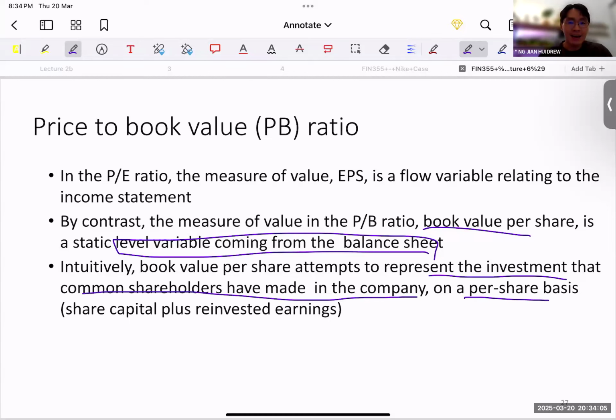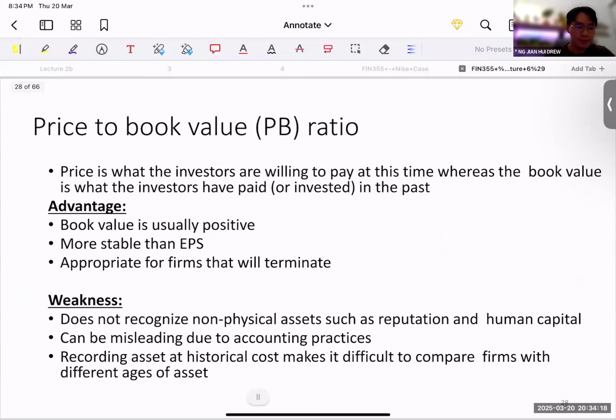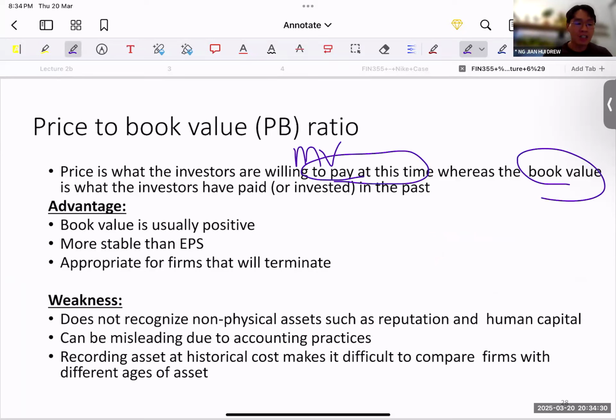So what this means is how much more the market is valuing compared to what was initially invested by the shareholders. Price is what the investor is going to pay at that point in time, versus the book value, which is how much the investor initially paid for it in the past.